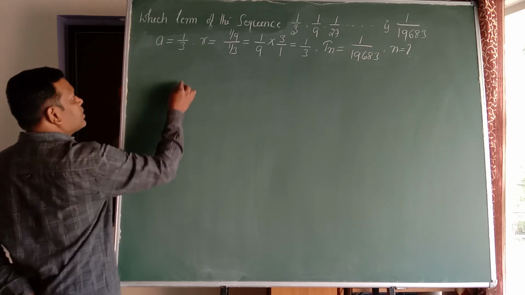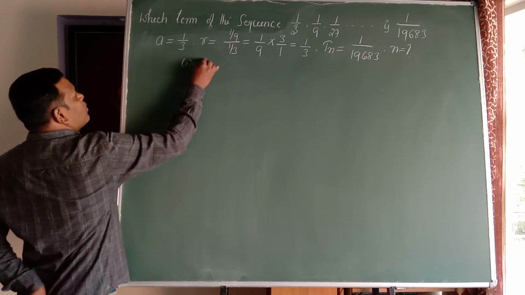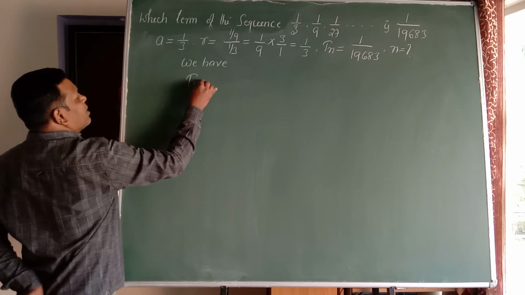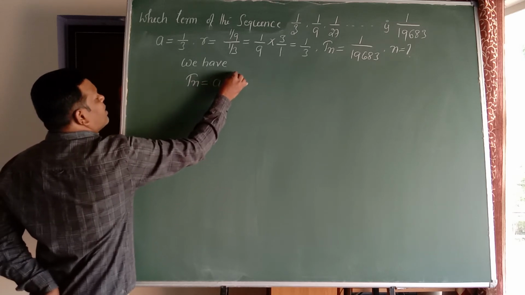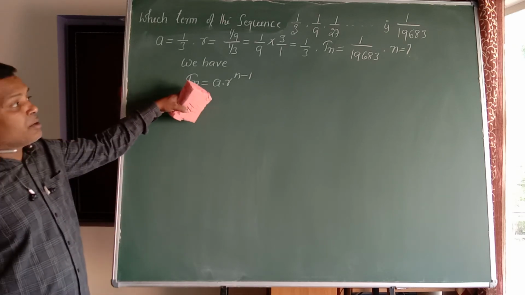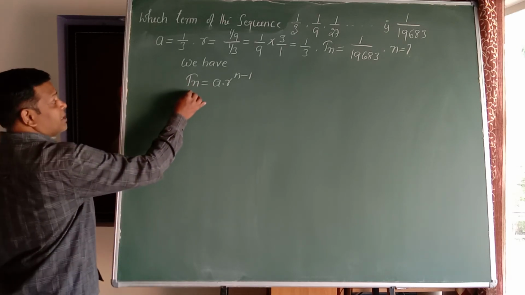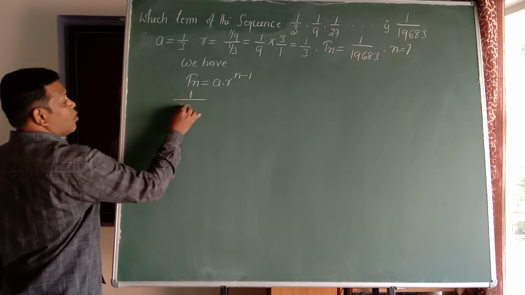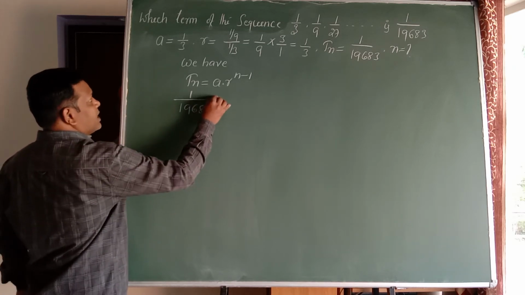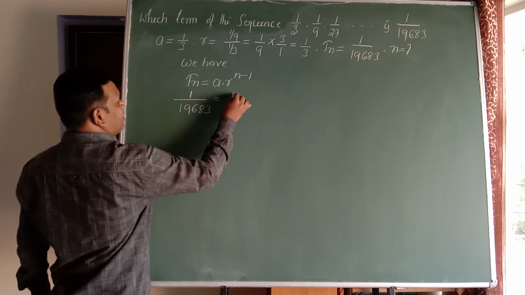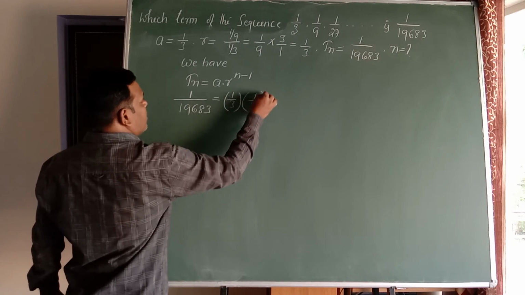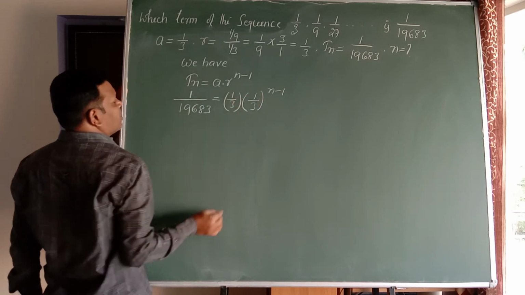Use the formula. We know that Tn is equal to A into R power n minus 1. Tn is given as 1 divided by 19683. That is equal to A, which is 1 by 3, into R, which is 1 by 3, whole power n minus 1.